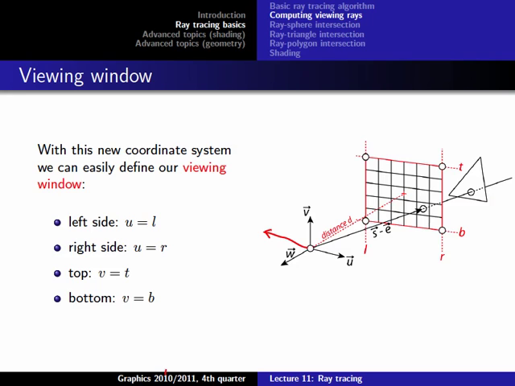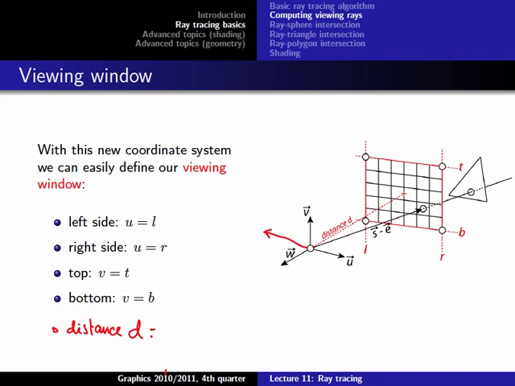Then we get a plane for the right side where u equals R. Then we get a top, v equals t. Don't confuse this t with the view up vector, which was a vector t. And we have a bottom for b. And then, of course, we also have to specify the distance d, and that's the distance of the viewing.